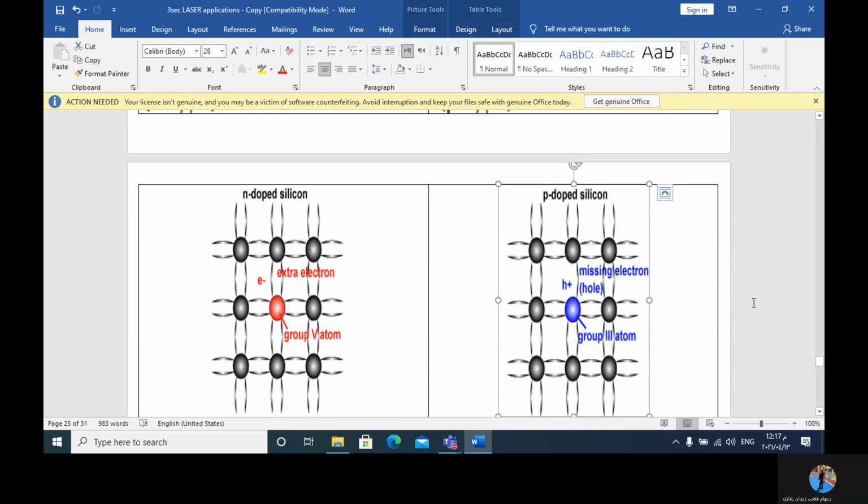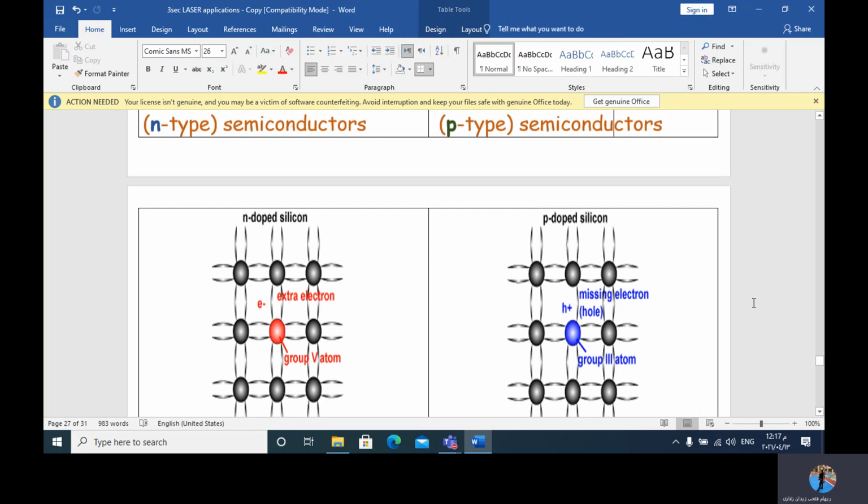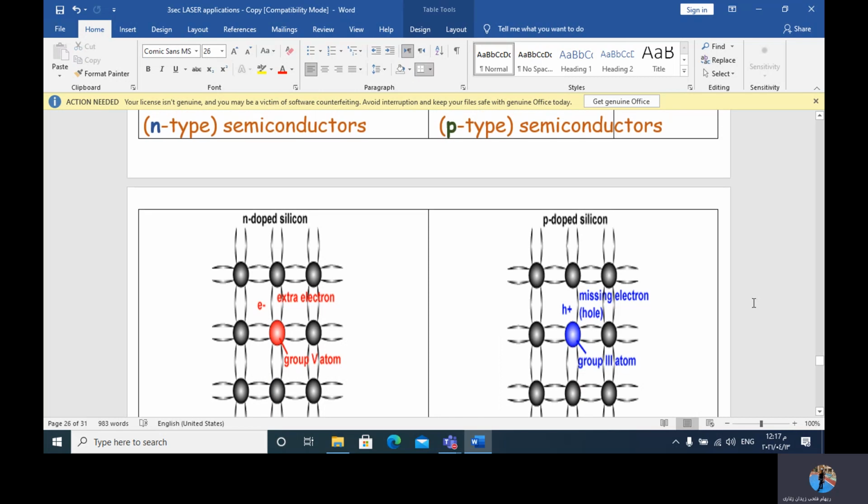Now, to summarize the difference between N and P: here is N, where you have an extra electron by having an impurity from group 5, which means pentavalent.